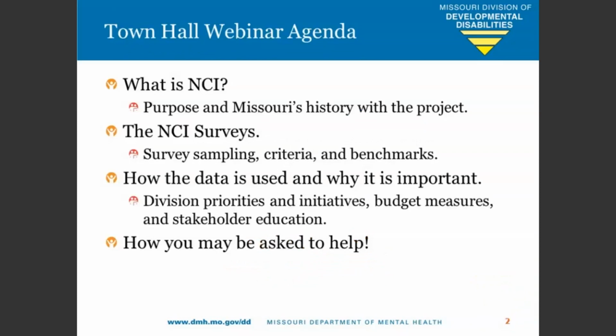We will also talk about the different kinds of NCI surveys, along with how we pull the random sample, the criteria for eligibility, along with the benchmarks for the number that you have to meet to be included in national reporting. We will also talk about how the data is used and why it is important.